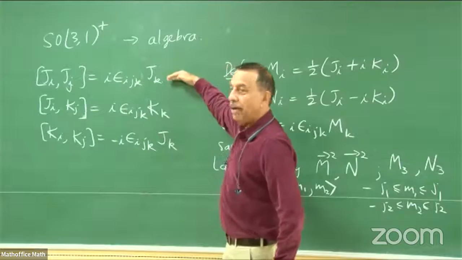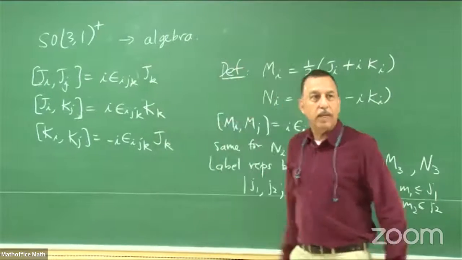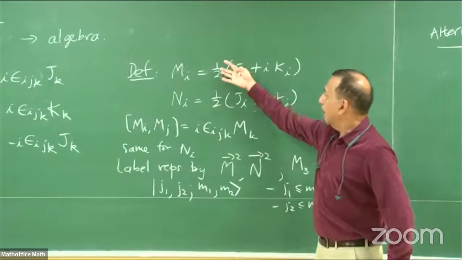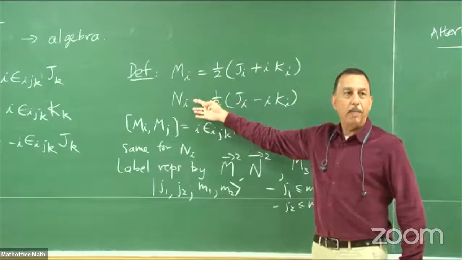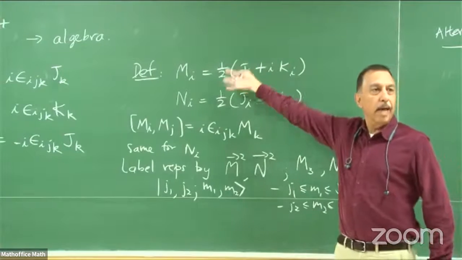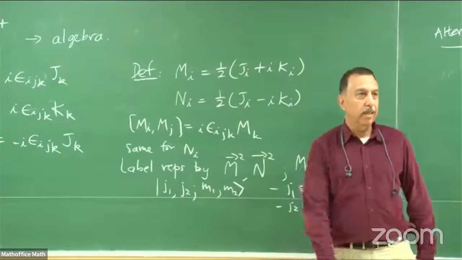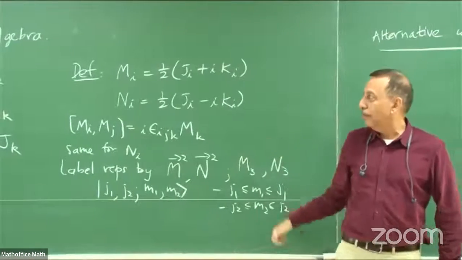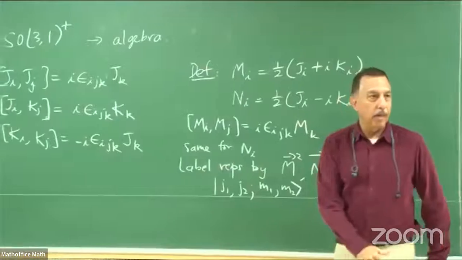So the sub-algebra generated by J's is precisely the rotations. And here you can see that the diagonal of these, which means I basically add m with n, then K drops out and J remains. So it's m plus n is J. All right. So that J is the SO3 rotation group, a subgroup of SO3,1.